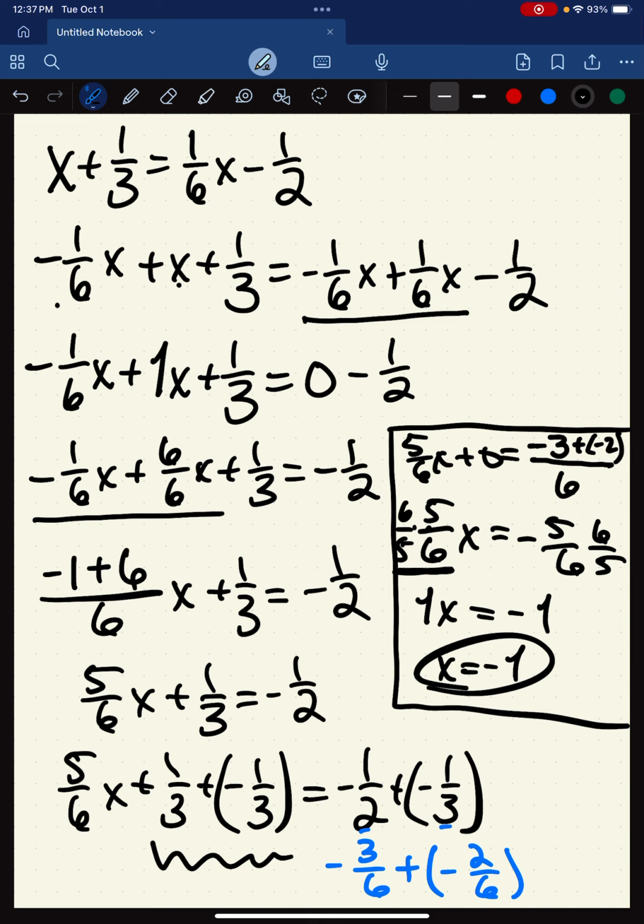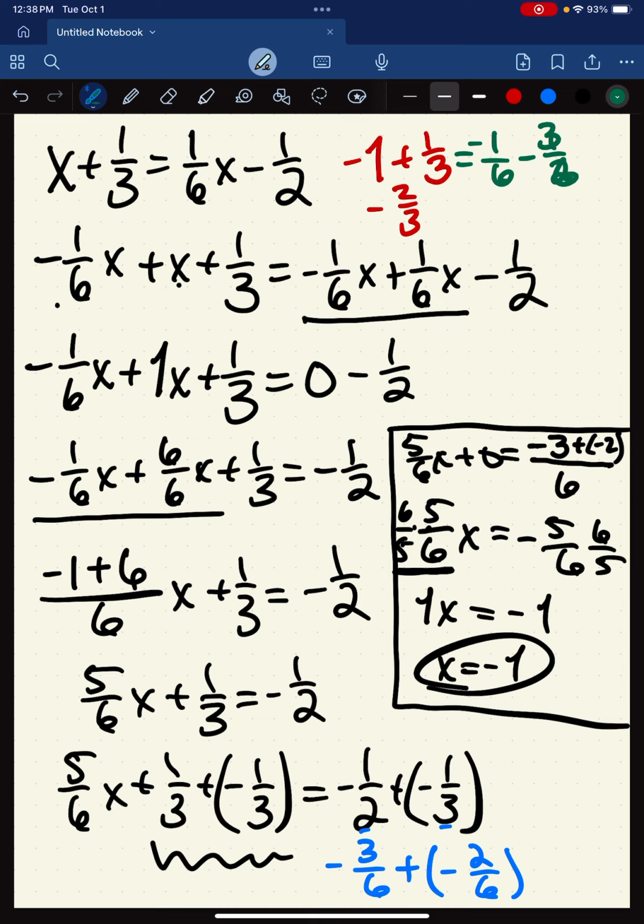If we go back and plug that in, we have negative 1 plus 1/3, which is going to be negative 2/3, is equal to negative 1/6 minus 1/2. Remember, 1/2 is the same thing as 3/6.